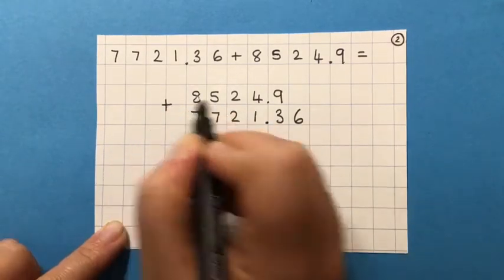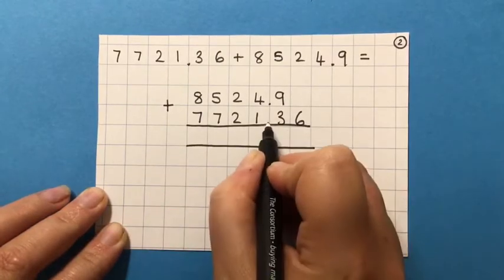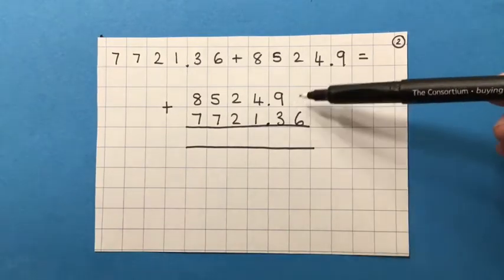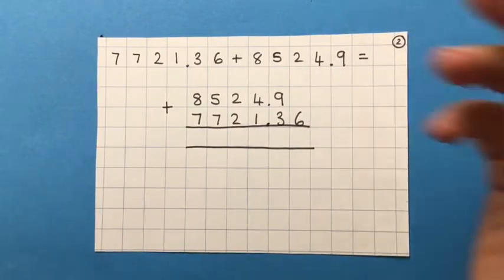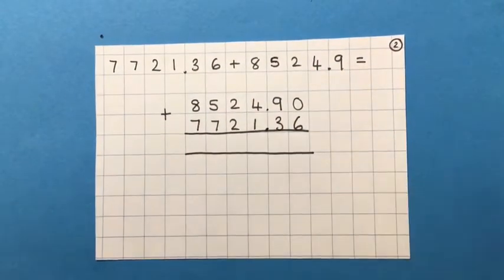Okay, pop the symbol, and then you can put in your lines. Okay, so this space here is empty, and we call that a placeholder, and we pop a 0 as the placeholder. Okay, you don't have to. You can either imagine it as a 0 or you can pop the 0 in. A lot of children find it easier to put the 0 in. I do, so I always put it in.